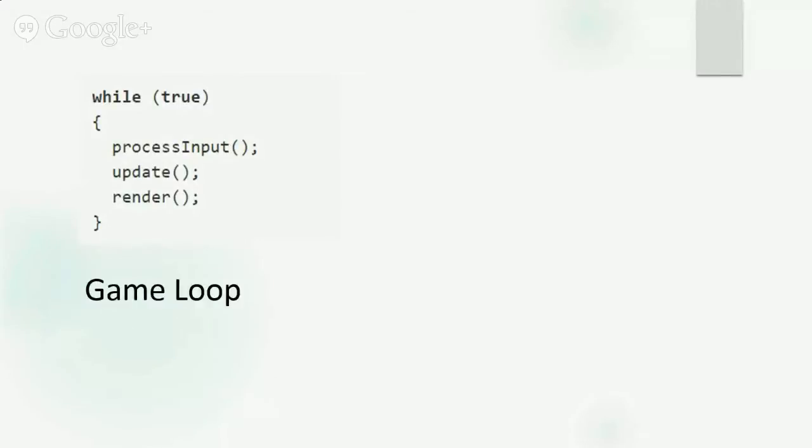That's some pseudocode. The idea is that you process some input because you're playing, so maybe you're going left or right, or you're using your controller to jump or whatever it is. Then you update your game, with any logic such as physics, AI, anything like that, and then you render.